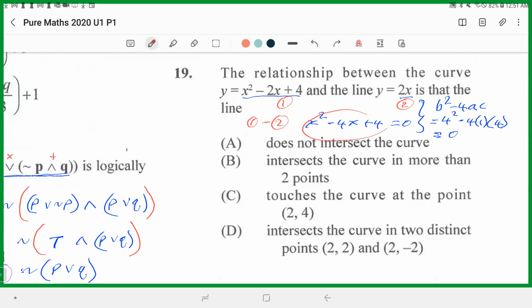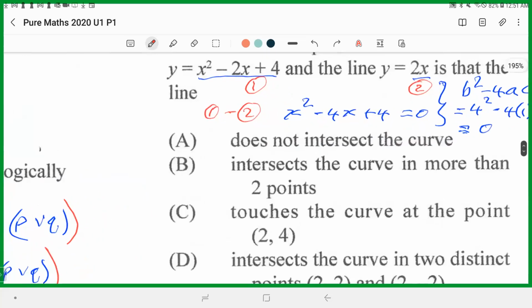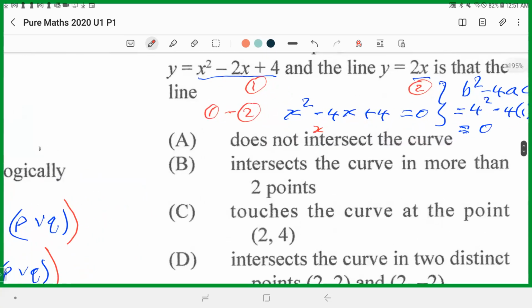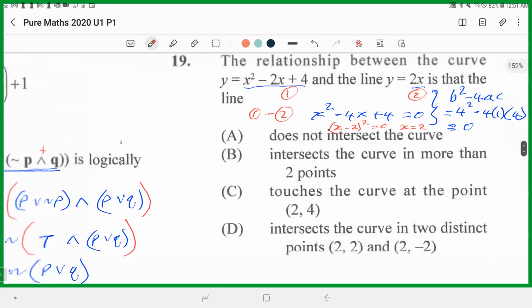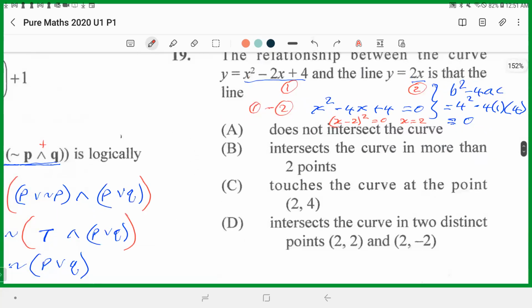I could factorize it and it will become x minus 2 squared equals 0. So you see, getting repeated roots, I get x equals 2. It intersects only at x equals 2, so it means that it's a tangent. Whenever we have to do this, it works itself out.